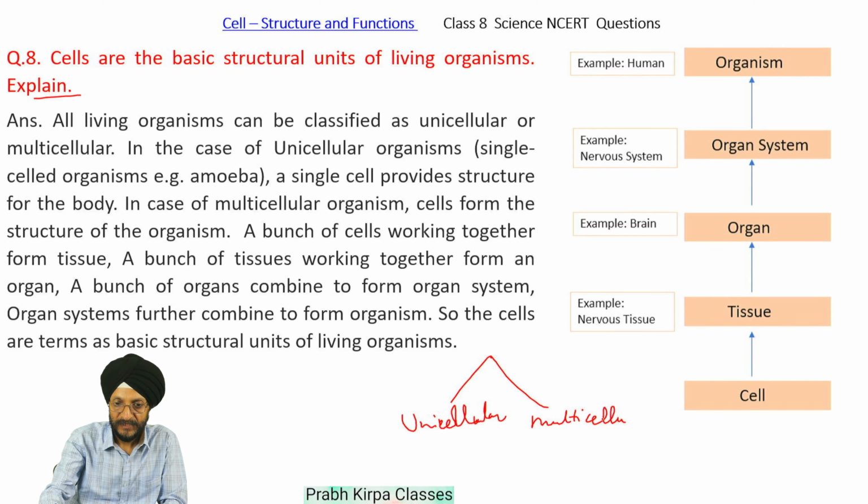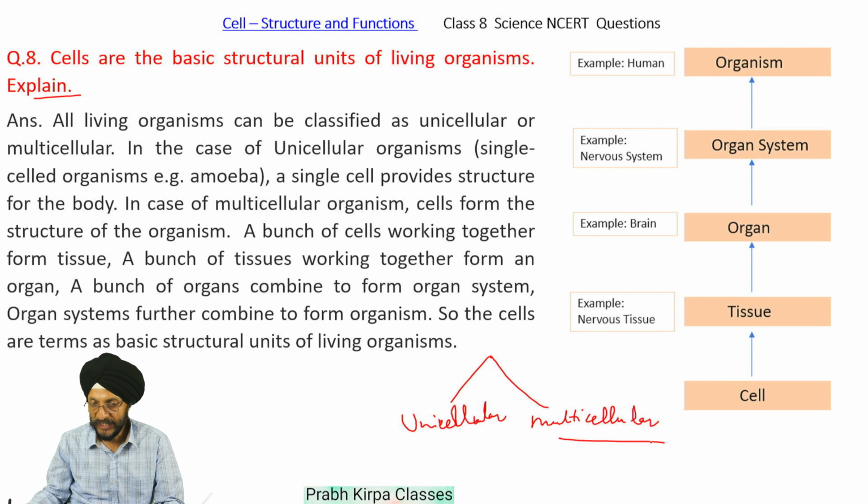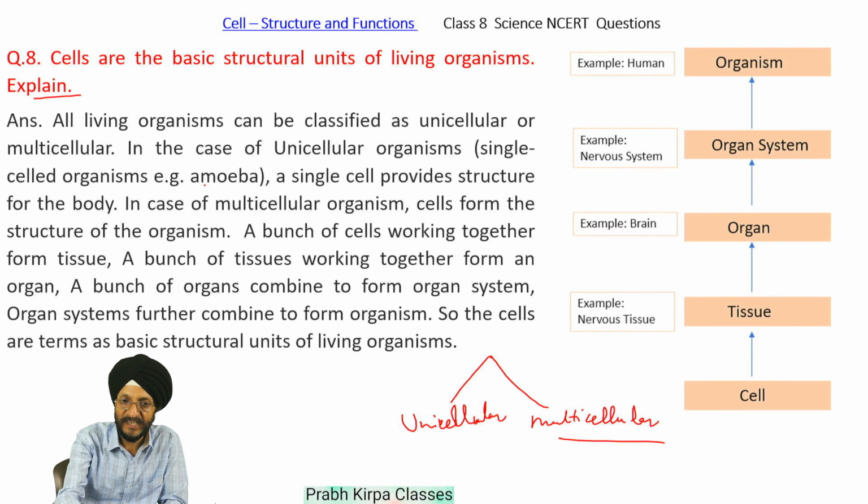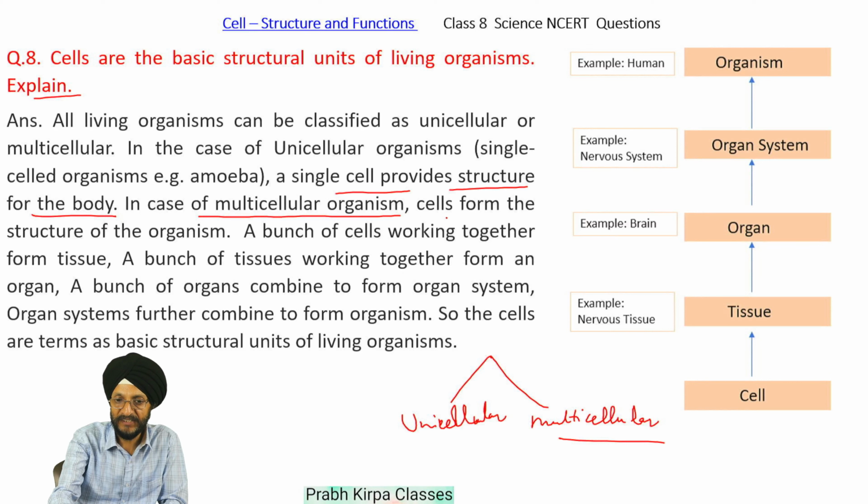Unicellular means single-celled organisms, whereas multicellular means the organisms which contain more than one cell. In the case of unicellular organisms, that is single-celled organisms like amoeba, a single cell provides structure for the body. Whereas in the case of multicellular organisms, cells form the structure of the organism.